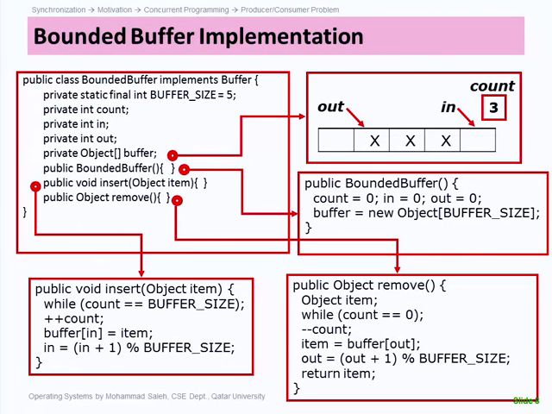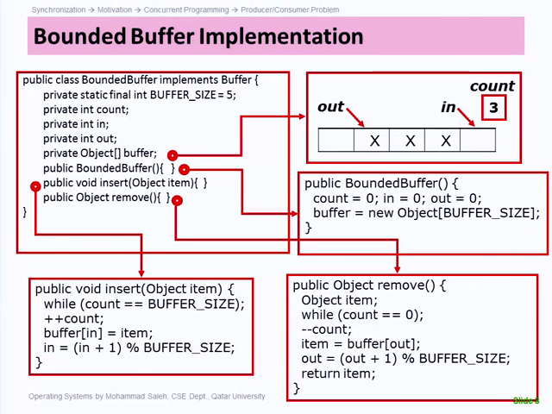Let's look at an implementation in which we don't have busy wait. It can be like this, for the insert method that is called by the producer. I can have while count equals buffer size.